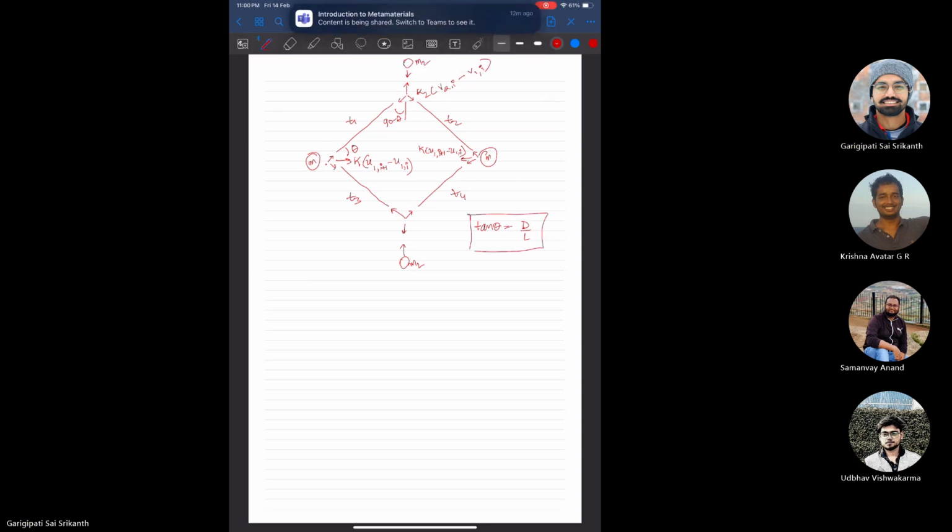So tan theta is equal to d by L. So at this point, balancing the forces in y, and also using symmetry, we can say that T1 is equal to T3 and T2 is equal to T4.